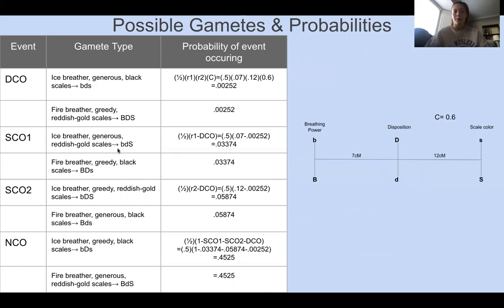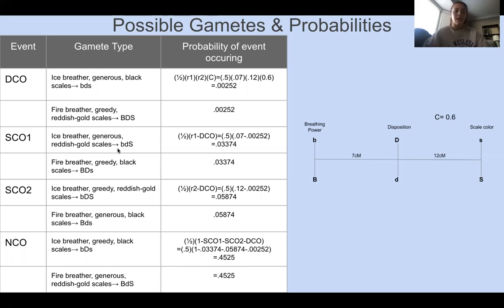And to get these probabilities, you would do 1/2, since there's a possibility that 2 different things could occur, times the R1 value, which is 0.07, times the R2 value, which is 0.12, times the coefficient of coincidence, which is 0.6, and you would get 0.00252.